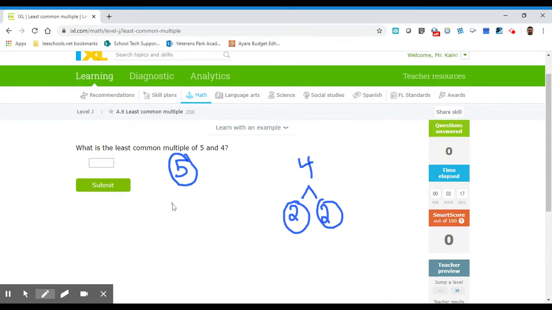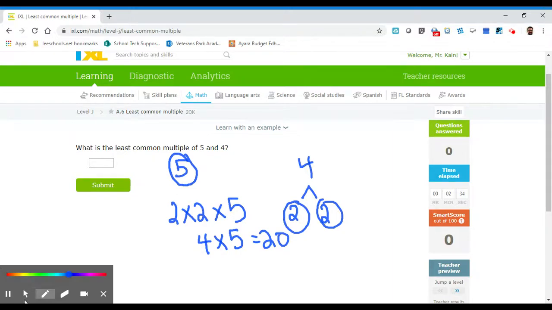Well, 2 appears twice. The most number of times 5 appears is once. So we're going to multiply 2 times 2 is 4, and 4 times 5 is 20, which is your least common multiple. Let's put 20 in here.